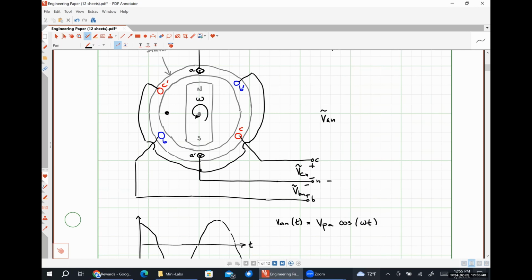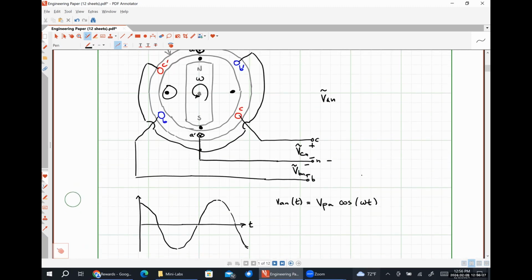As it spins, it's going to see less and less flux. When the north pole is right here, it's going to see no flux whatsoever. When the north pole comes over here, it's going to see the same amount of flux that it saw over here, except that it's going to be in the opposite direction, which means the induced voltage is going to have a change in sign. And then when it's back up here, it's 0 again. So because we're spinning this magnet with a specific angular frequency, the induced voltage is going to be a sinusoidal voltage, okay? Which is exactly what I have depicted.